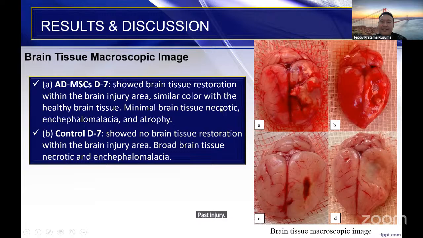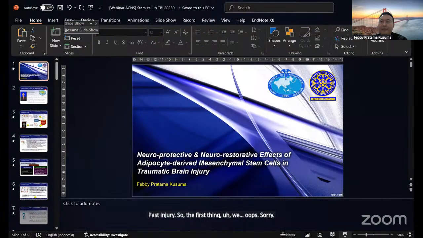The first thing that we evaluated is the brain tissue microscopic image. This is actually one of the most surprising things for me when I studied this.